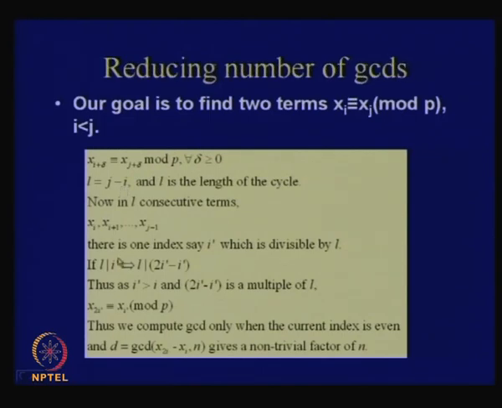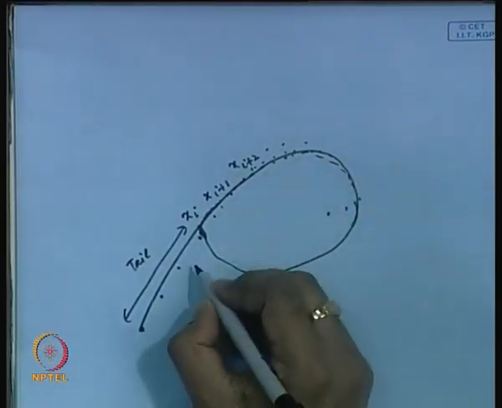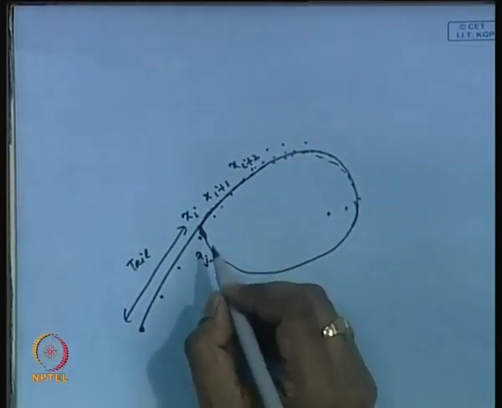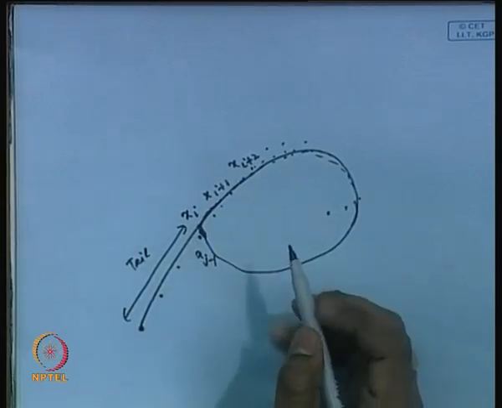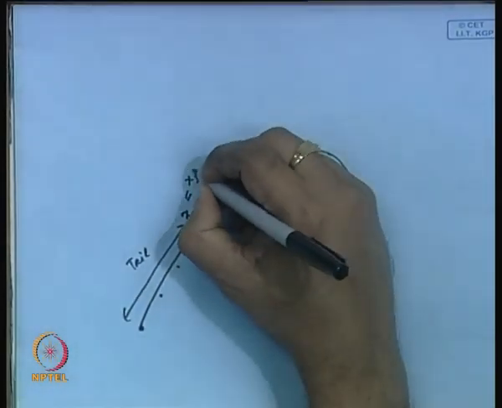So if you consider these numbers, say xi plus 1 till xj minus 1, all these numbers are in this particular cycle. You start from xi, the next number is xi plus 1, the next is xi plus 2, and so on. I come till xj minus 1, and then you come to xi which is equal to xj modulo p.